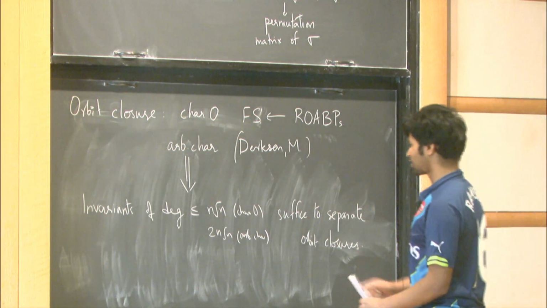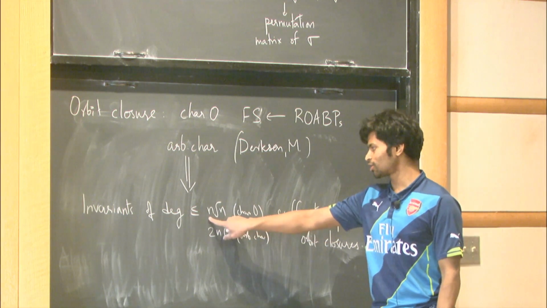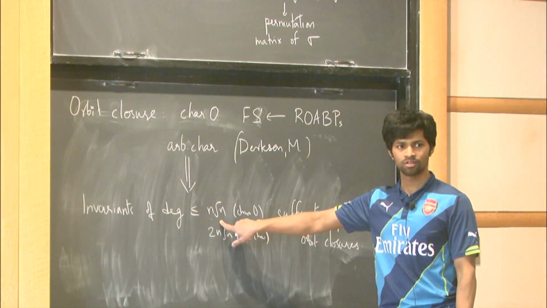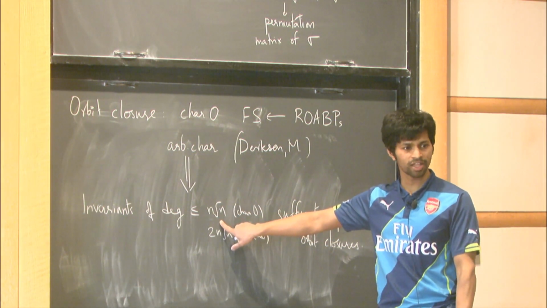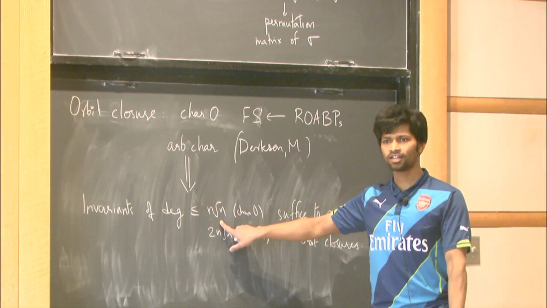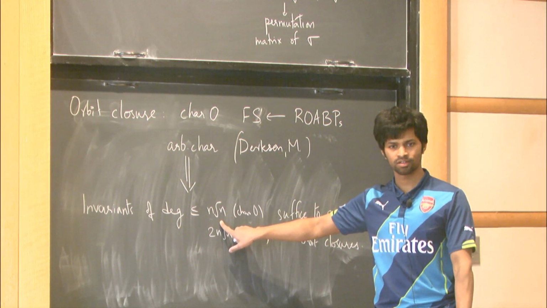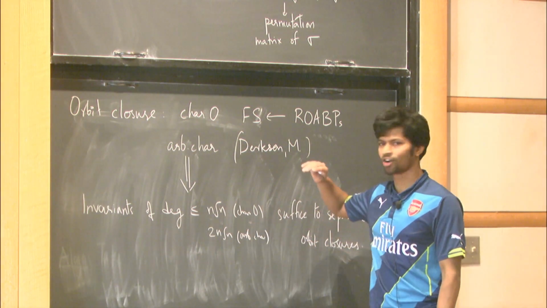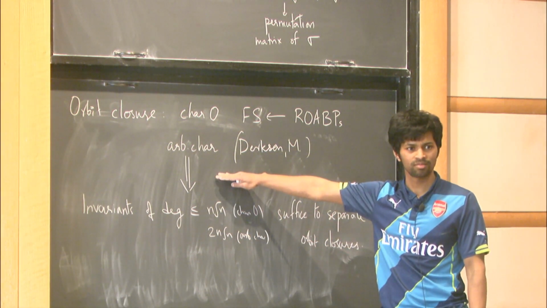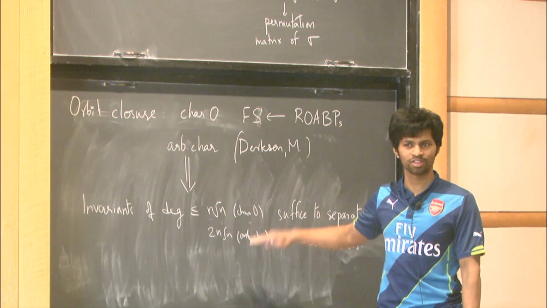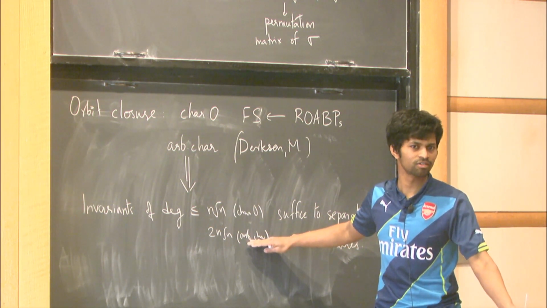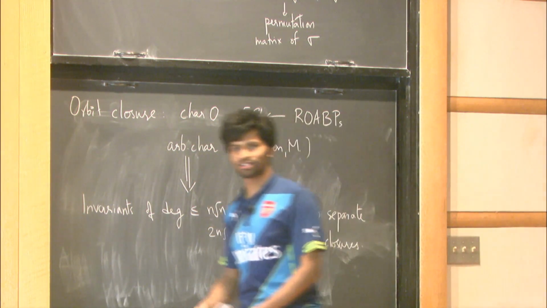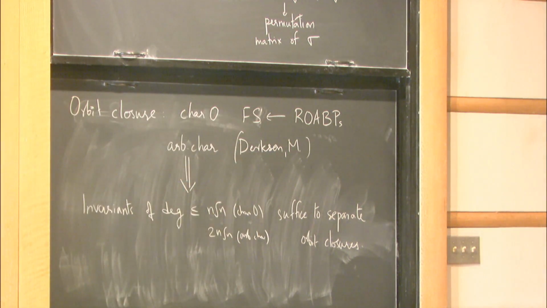And here's a non-trivial statement that says, look, you only have to go to n to the 3 over 2. If you just look at invariants up to that degree, you will already separate orbit closures. And the really cool part about it is that this result comes out of analyzing an algorithm, something that previously was not known. And I still don't know how to get this number in any other way.